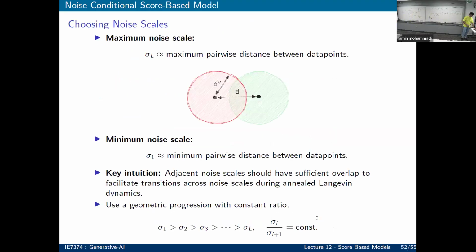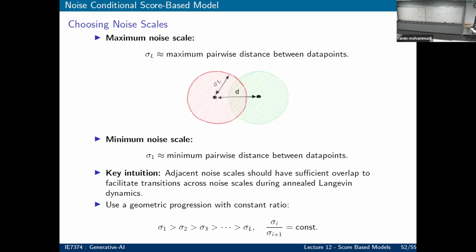Now, talking about the noise concept and the noise scale, how much noise we add, what does it exactly do? If you think about it, I have 2 data points. The red is one data point, the green is a different one.